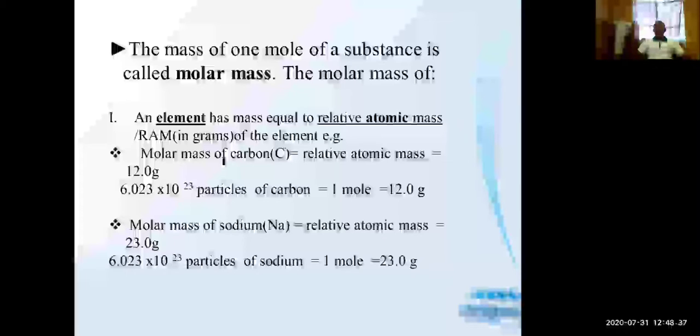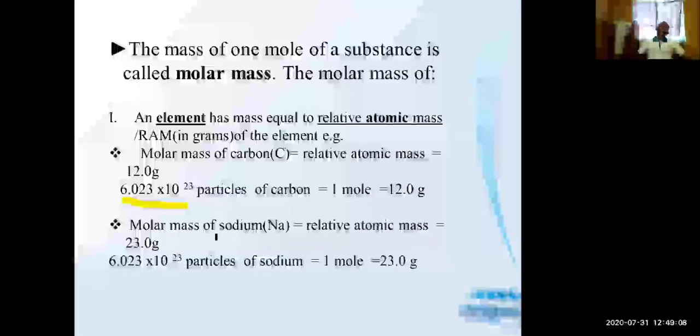If carbon gives us 1 mole at its relative atomic mass, which is 12, then the number of particles present in it is 6.023 times 10 raised to power 23.